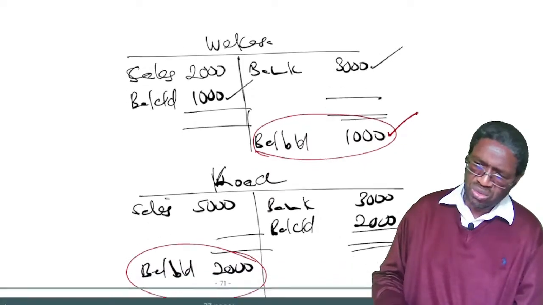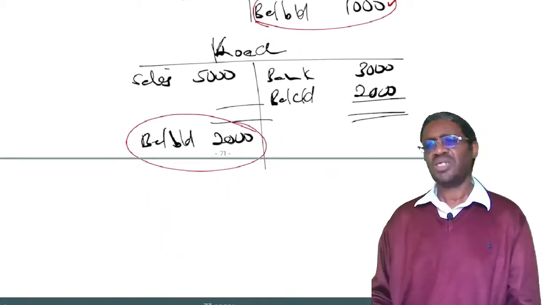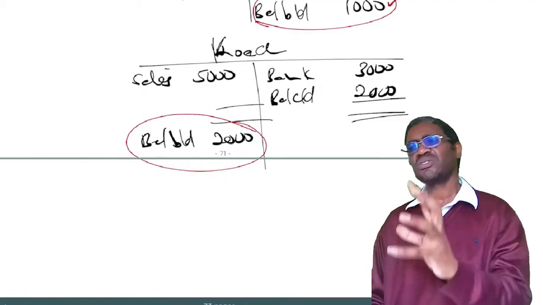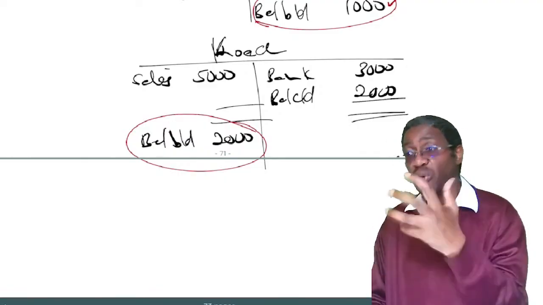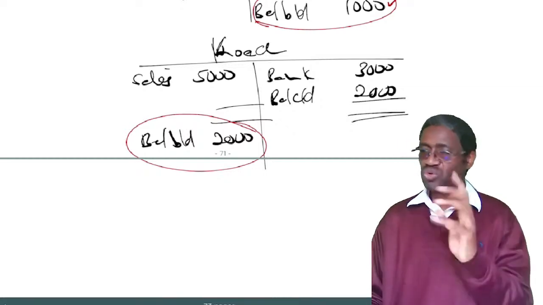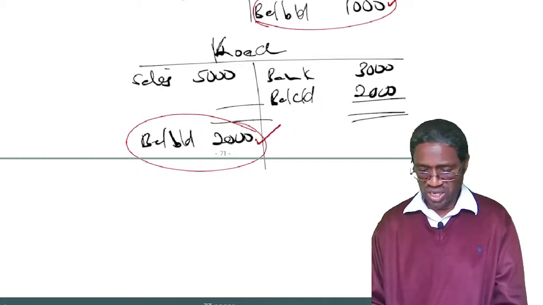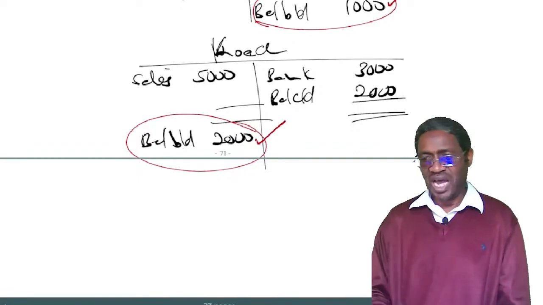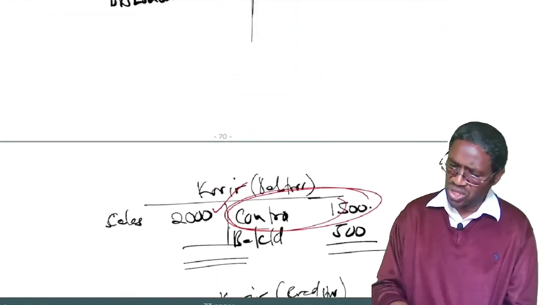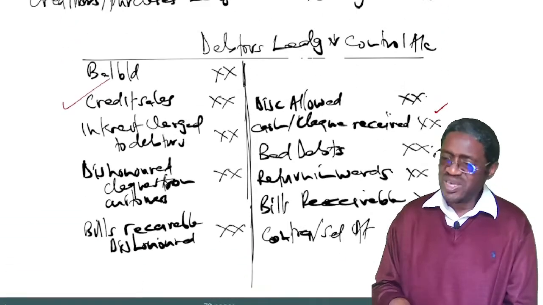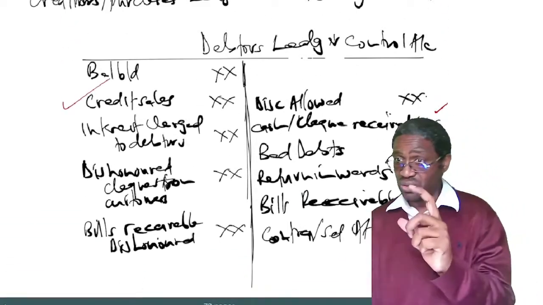But I've told you, in most cases, debtors are always an asset. It's people we are demanding money from. So they are always assets with debit. Now, listen. Meaning, therefore, when I take you back now to the control account, I began the year with a brought down.